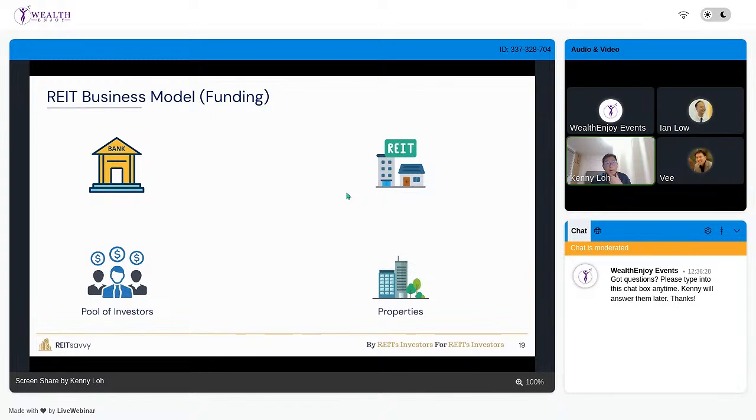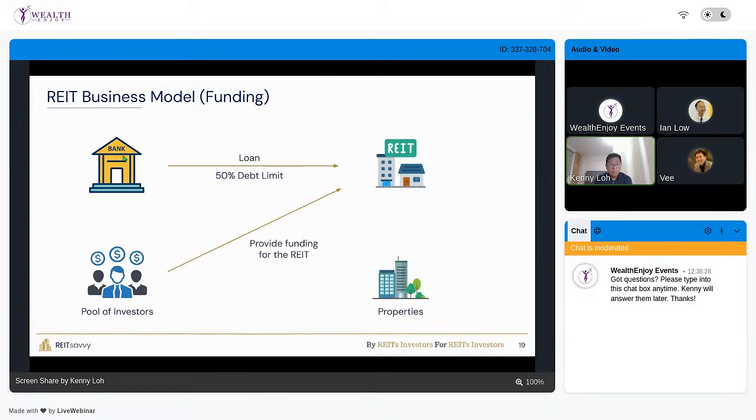Okay, now I will do a very brief revision of the REIT business model, because I want to explain to everyone how an interest rate cut would benefit the REIT moving forward, if there is an anticipated rate cut. So basically for a REIT, there are two forms of fundraising.